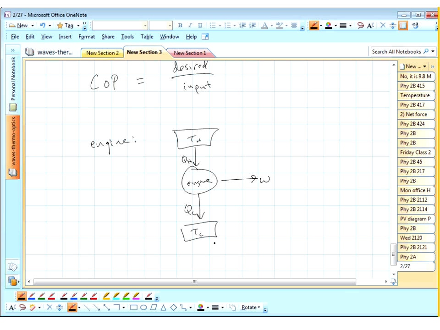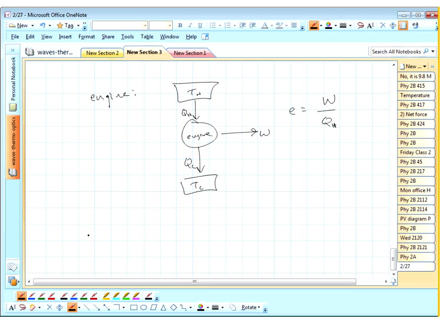Some energy is lost in this process. So the efficiency of this is the desired output. Well, what is that? If this is an engine, it should be doing work, right? That's the desired output, is the work. And what are we putting in? Q hot. So that's the efficiency of an engine.